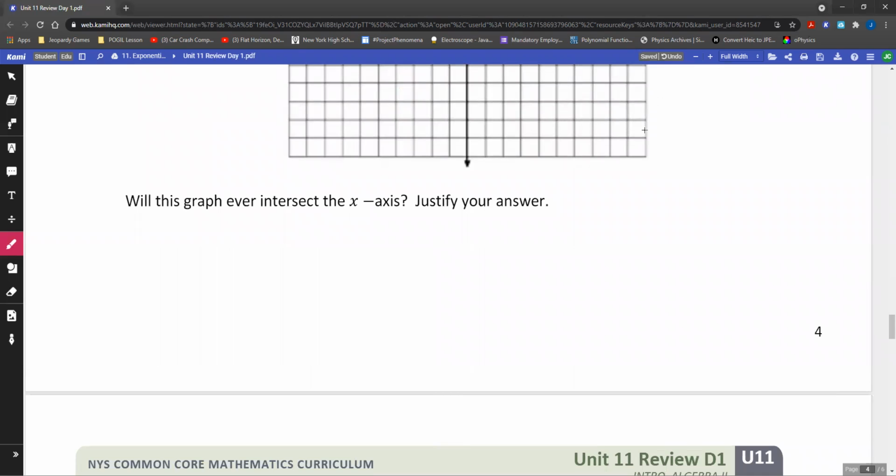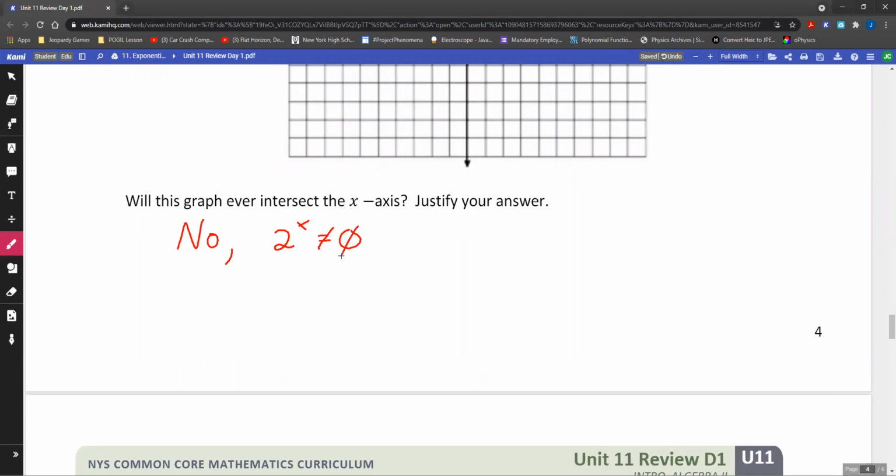The question is, will the graph ever intersect the x-axis? No. One way you can say it is that 2 to the x power could never equal 0. You could try proving that. That would be a little bit tough.